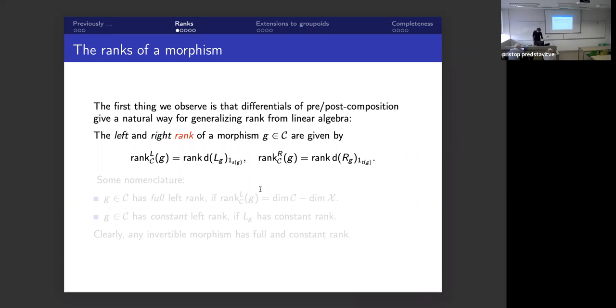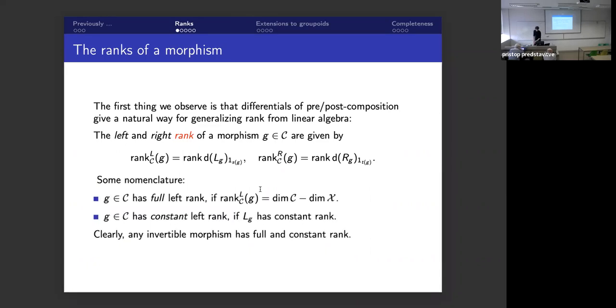Okay, and so some more nomenclature is that a morphism has full left rank if the left rank equals the codimension of X in C. So why is this considered full? Well, for the simple fact that left multiplication just goes between target fibers, right?